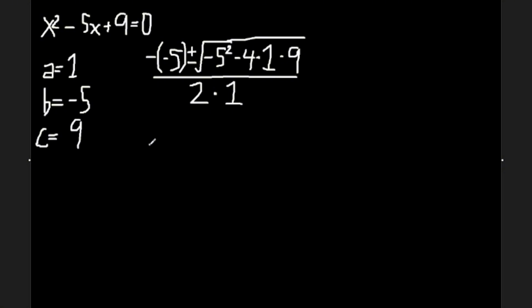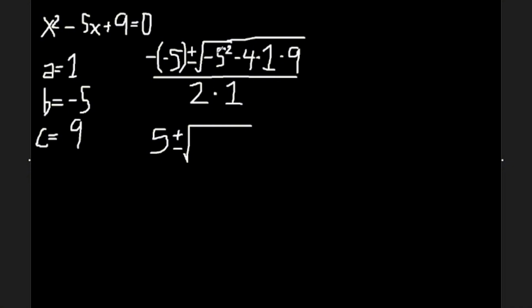Since you are multiplying a negative sign and a number that has a negative sign, our product will be positive. So that will turn into positive 5. Positive 5 plus or minus the square root of negative 5 multiplied by itself.